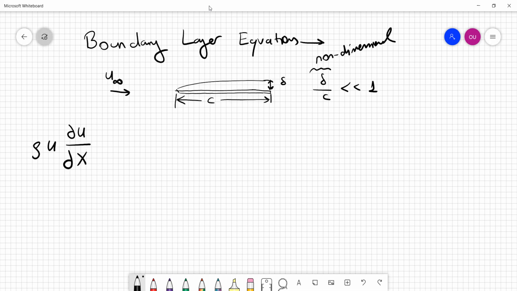So what we do is we multiply with rho infinity, multiply with u infinity, and then multiply with u infinity square, and divide by c. So I have to divide by c, okay? And if I do that, is there a question?